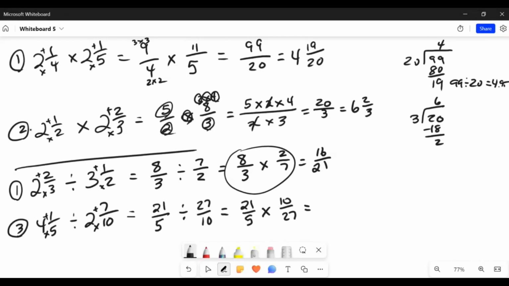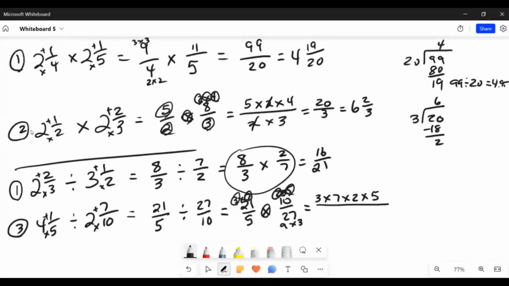Okay? Now, I see that I have some common factors, because 21 is 3 times 7, 10 is 2 times 5. 27 is 9 times 3. So on the top, I'm going to write 3 times 7 times 2 times 5. There's my 21. There's my 10.